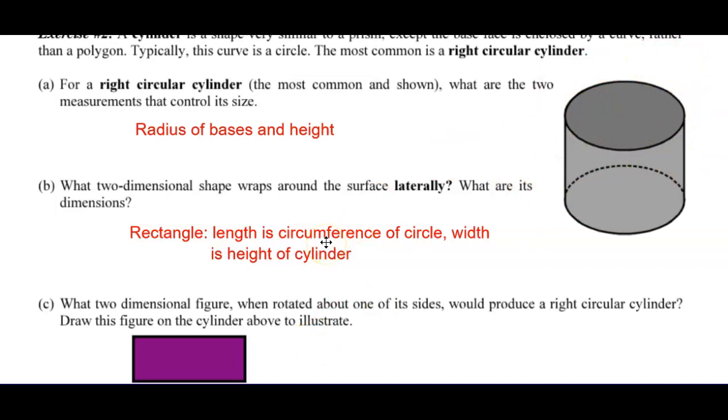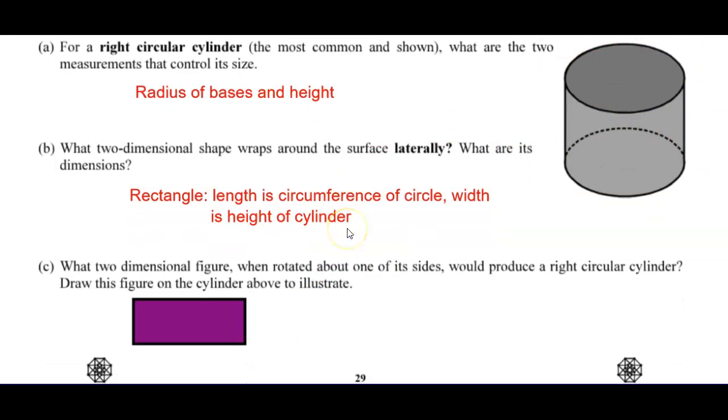So what 2-dimensional figure, when rotated about one of its sides, would produce a right circular cylinder? Draw this cylinder to illustrate. So I'm just going to think about a rotation now. If I were to start in the center of this thing and go to the edge with my radius, in order to make this circular, what I would need is for that radius to also duplicate on the bottom of the figure.